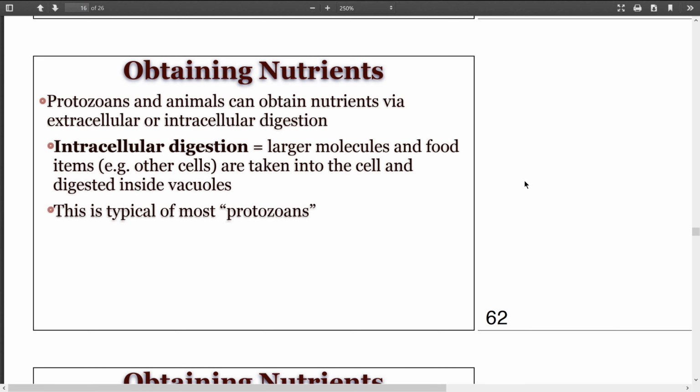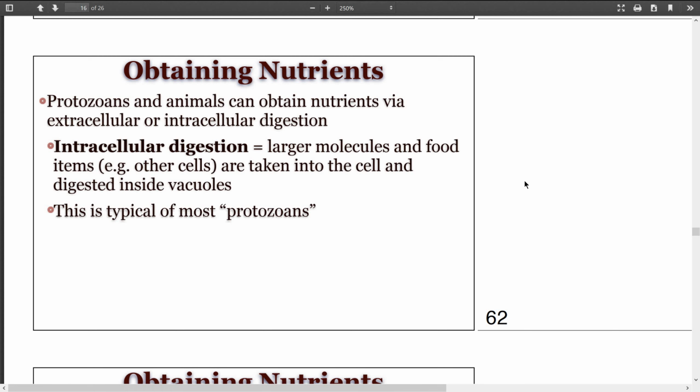It's intracellular. That is, think of an amoeba. They use their pseudopods to extend around the food particle. Something like a paramecium will take food into their cytostome, their sort of mouth cavity, and basically pinch off a vacuole of food. So the digestion takes place inside.